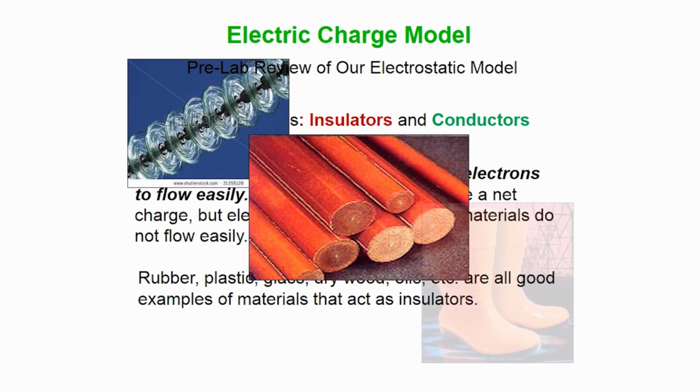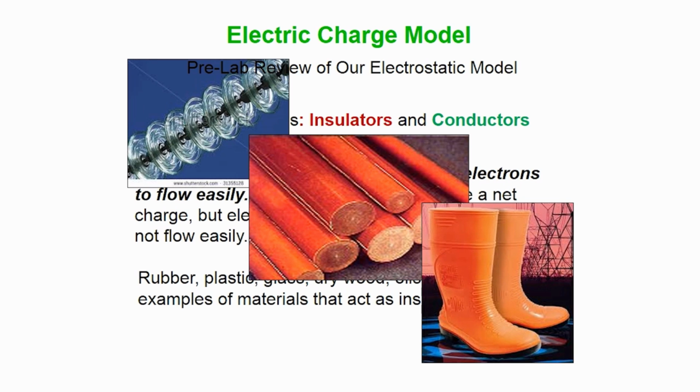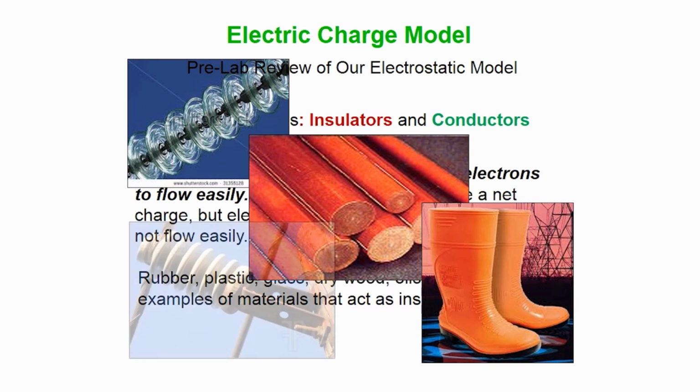Wood is an insulator, rubber is an insulator, so people working in electrically charged situations often wear rubber boots to help keep them from having the electrons flow through their body and into the ground.